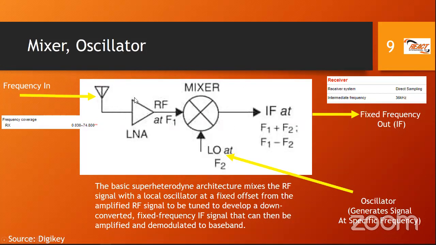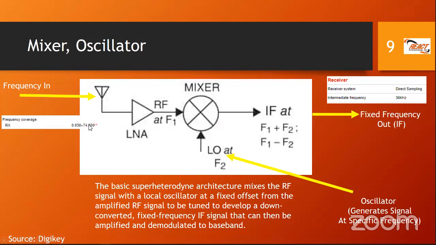We have the frequency that we're actually listening to being mixed with an oscillator frequency or generator that generates another frequency to create a frequency that we could actually listen to in our radio. And that frequency is called the IF stage or the IF frequency. So notice the components here. The radio itself will listen maybe 0.3030 to 74.80 megahertz.